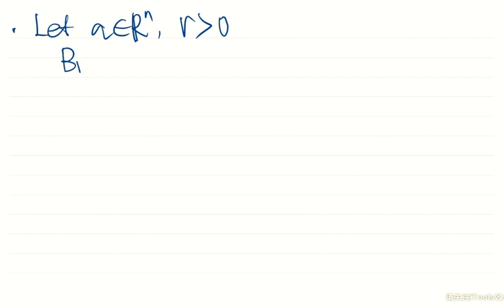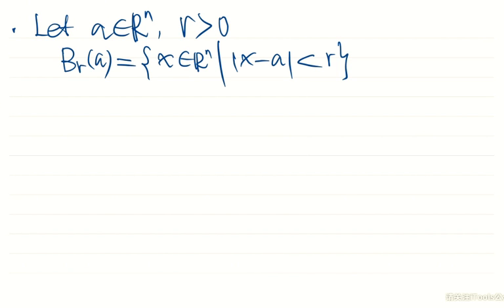Using the distance, we can define some special and important subsets of Rn. For example, suppose A is a point in Rn and R is a positive number. Then consider this subset of Rn, which consists of all x in Rn such that the distance of x to A is less than R. What is this?